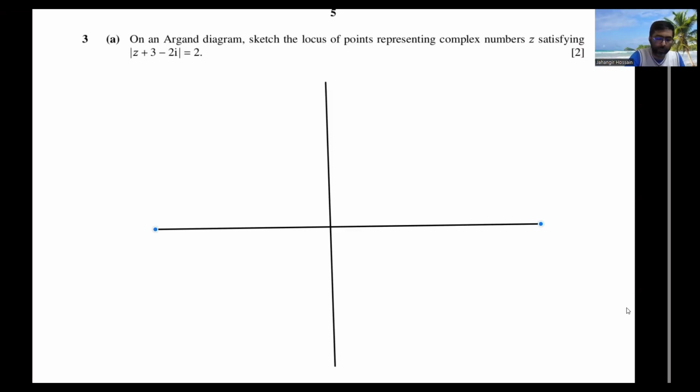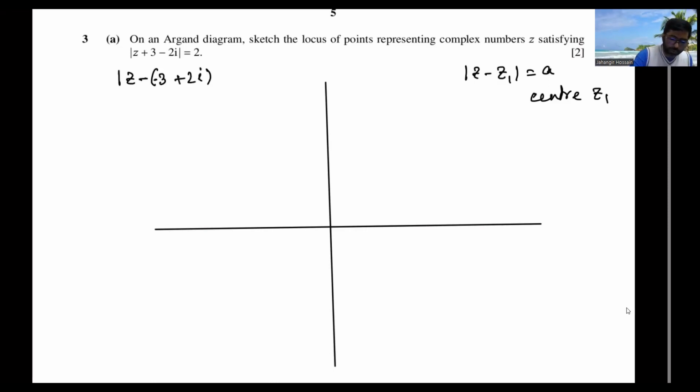The center of the circle will be, remember, the locus of a circle is modulus of z minus z1 equal to a, where the center of the circle is z1. Here, z1 is minus 3 plus 2i and the radius is 2. So it's a circle.